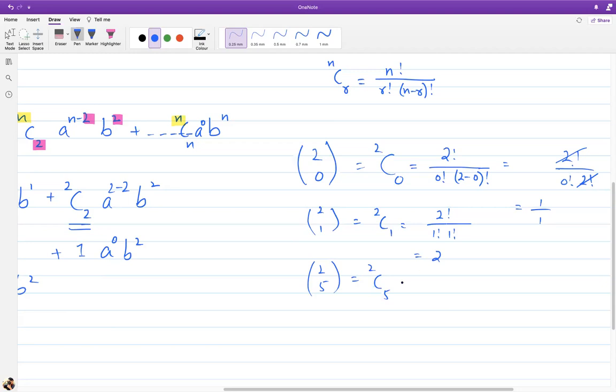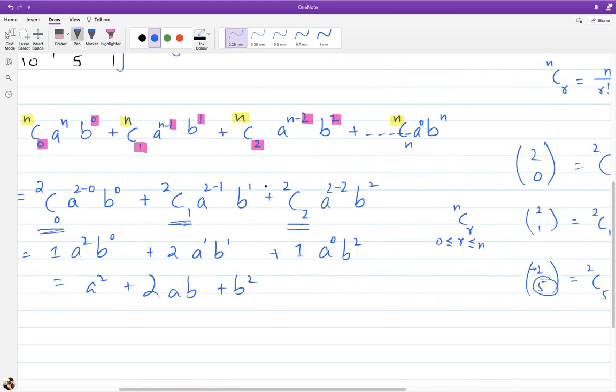You can't be like, okay, 5 factorial over minus 3 factorial. Minus 3 factorial doesn't make sense. There's no number minus 3 factorial, which is why we cannot exceed this number here. So in nCr, r has to be less than or equal to n, and it has to be greater than or equal to 0. None of these numbers can be negative. Okay, so that's just how we find these coefficients.